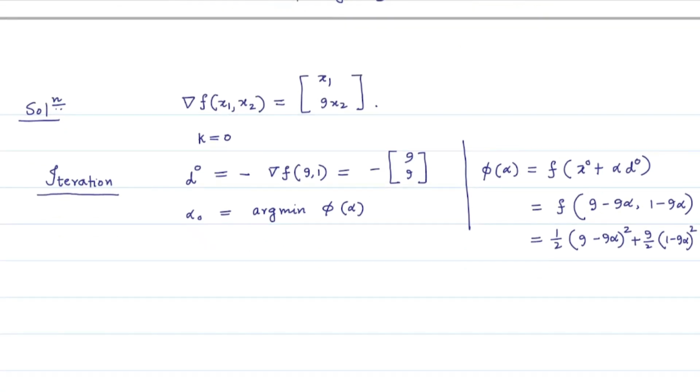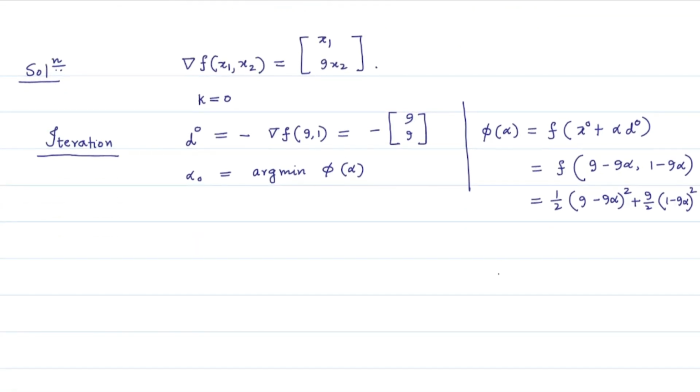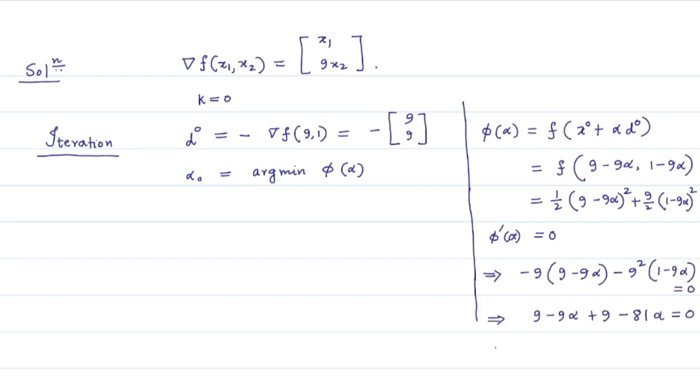Therefore, to find alpha naught, which is the minimum point of the function phi(alpha), we solve phi dash(alpha) equal to 0. That gives this equation, and hence we get alpha equal to 1 by 5. At alpha equal to 1 by 5, please check that the second order derivative of phi is a positive quantity, and therefore alpha naught is given by 1 by 5.